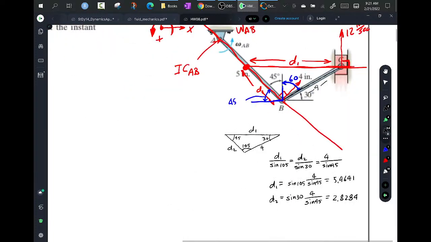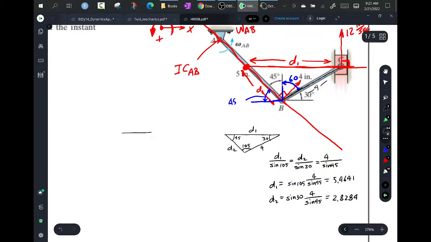So now I'm going to redraw it again, this time a little bit bigger. I'm doing a terrible job of drawing it. D1 is 5.4641, and this is 2.8284, and this is 4.